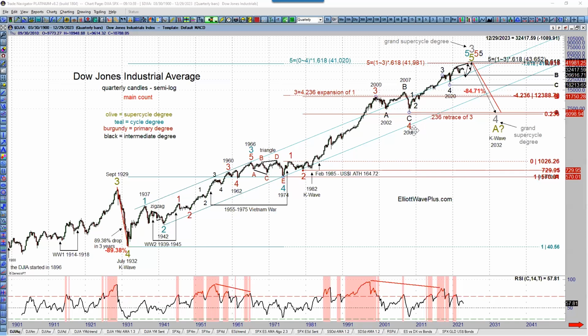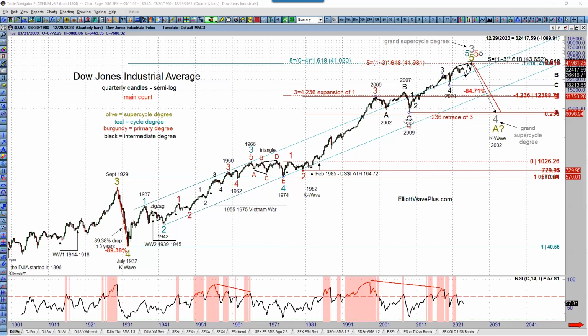And the best target that I always use for a fifth wave initially, unless it becomes extended, would be where wave 5, in this case burgundy, would be equal to the net traveled of 1 through 3 burgundy times 0.618. And that's at 41,981. I got that line there.